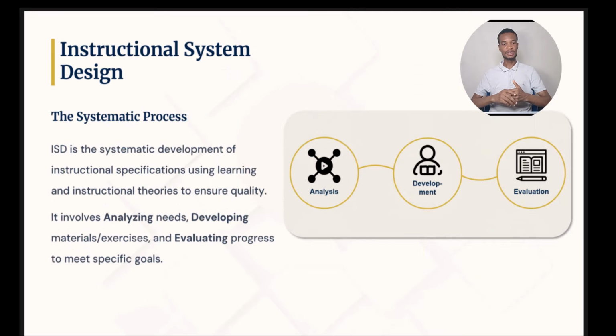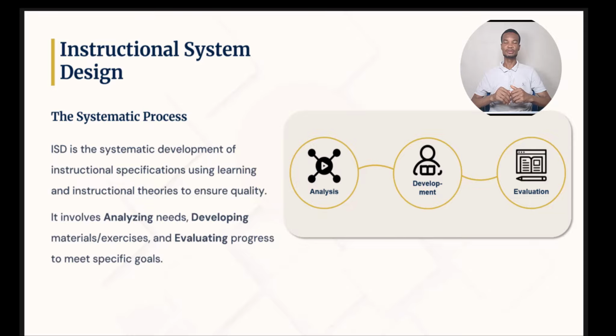So finally, we have an instructional system design, and this is a systematic process of developing instructional specifications using learning and instructional theories to ensure quality. An instructional system design does not work in isolation.